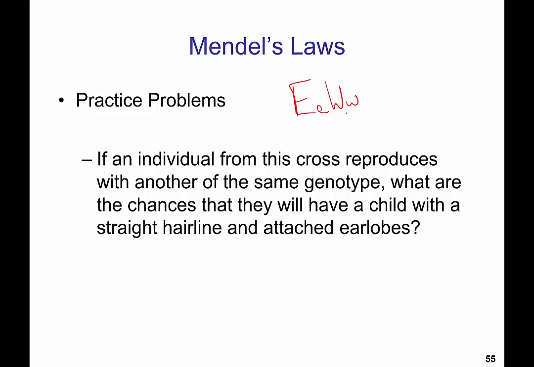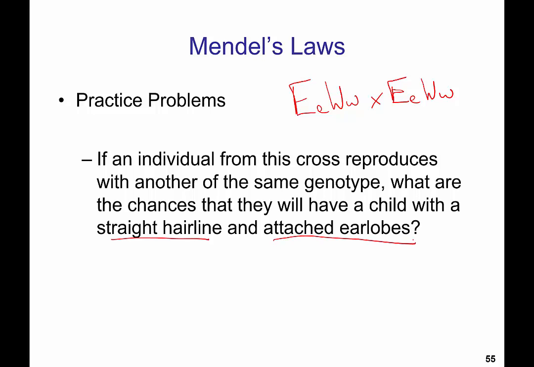We could write it this way, or we could put hairline characteristics first. That doesn't matter so much as that we just have both characteristics represented. The cross is that we have 2 dihybrids as parents. And the question is, what is the chance that we're going to get a child with straight hairline and attached earlobes?